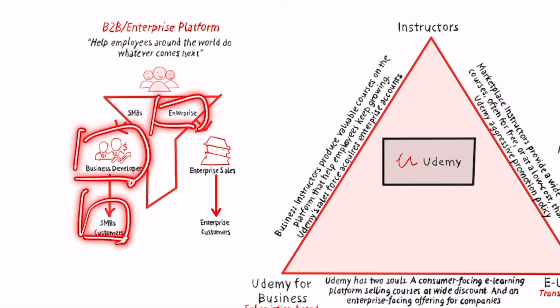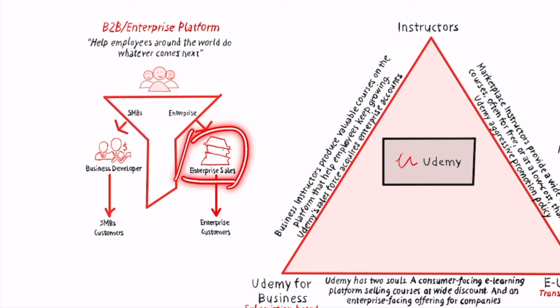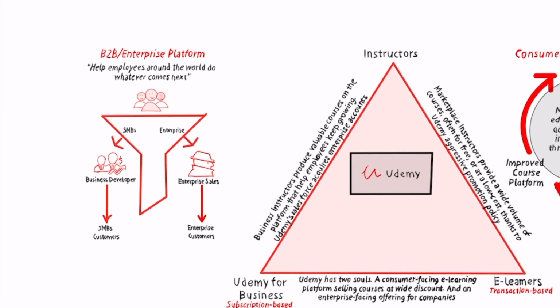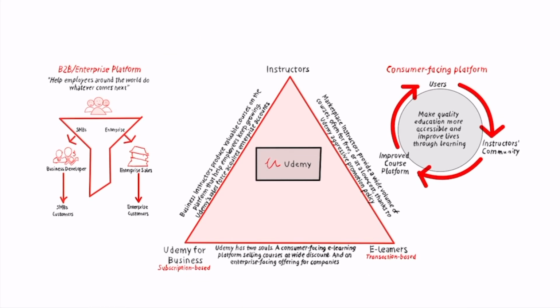On the other side, you have the enterprise platform that gives companies the ability, for instance, to access unlimited courses online on demand so that they can train their employees at a relatively low cost. And that's how Udemy has been building its business model.